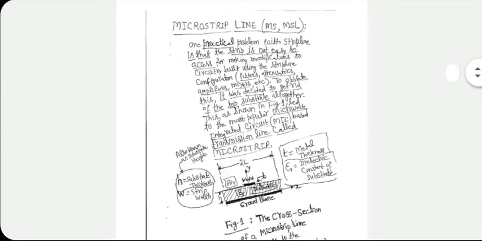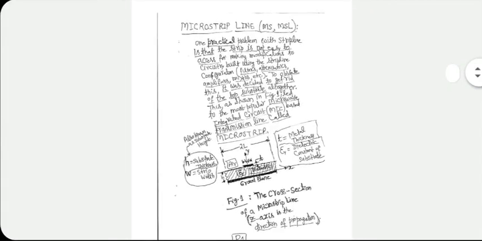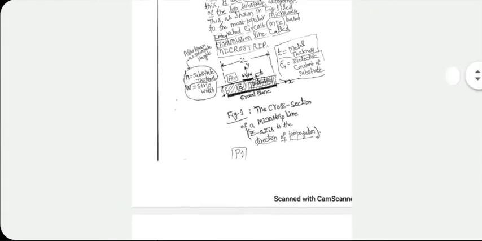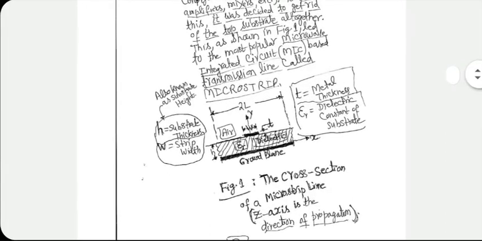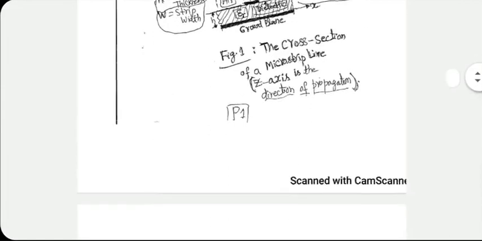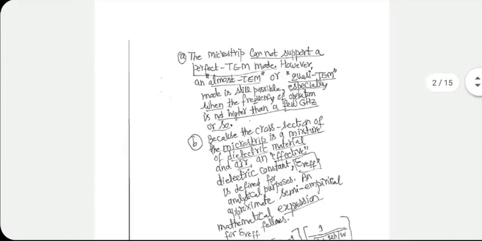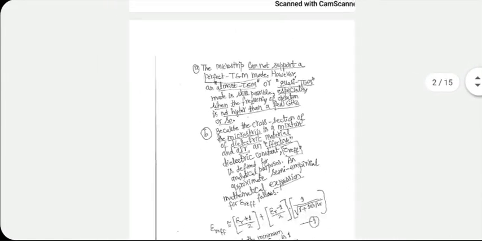To take care of that analytically, a concept called effective dielectric constant has been brought in. Effective dielectric constant replaces epsilon r for analytical purposes, as simple as that.